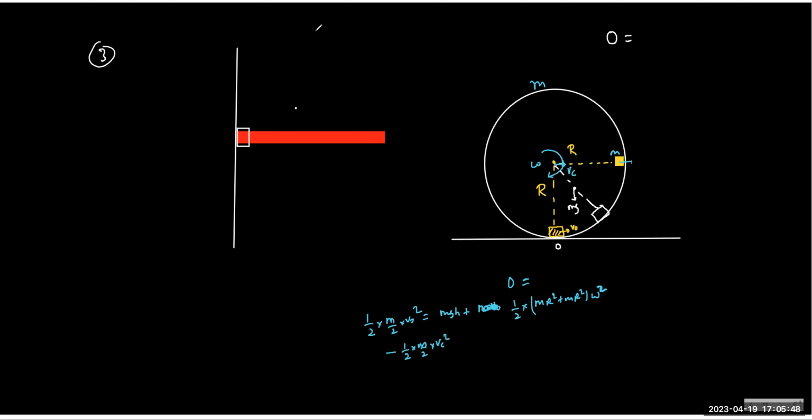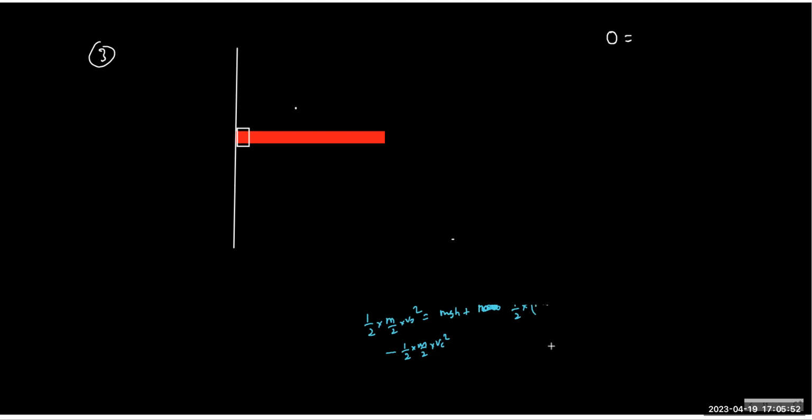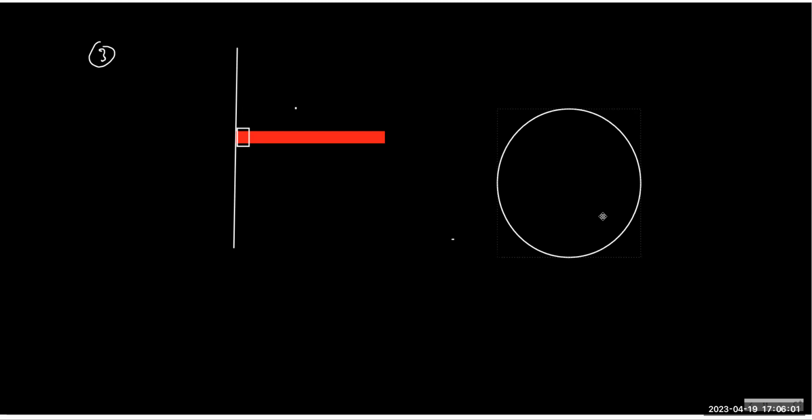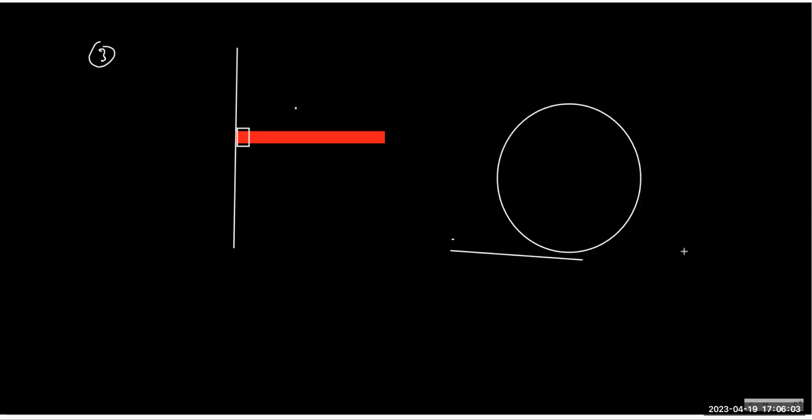Okay, now I got the question. So definitely what we can conserve is energy. Let me think in terms of energy. Can we get the answer? So the center of mass will always move in a circle of radius half, correct?